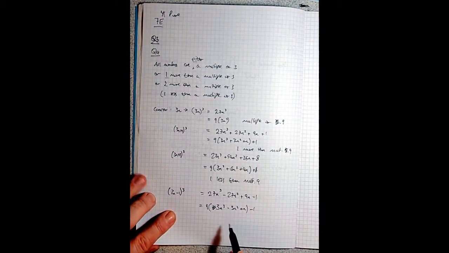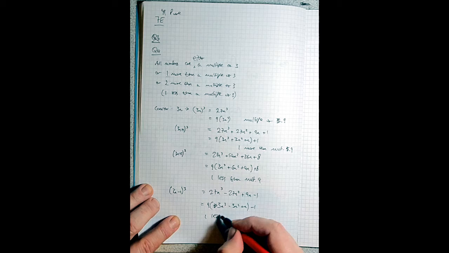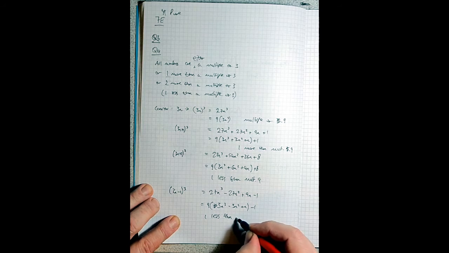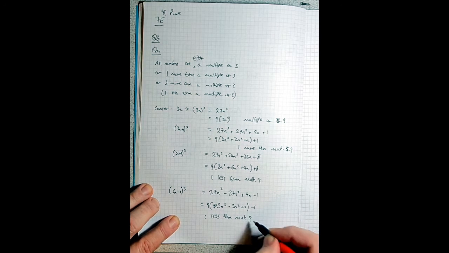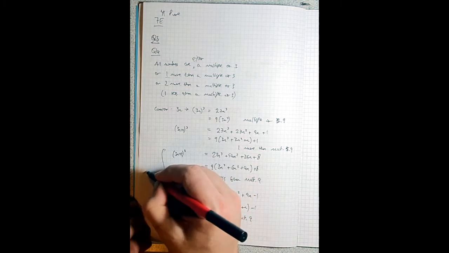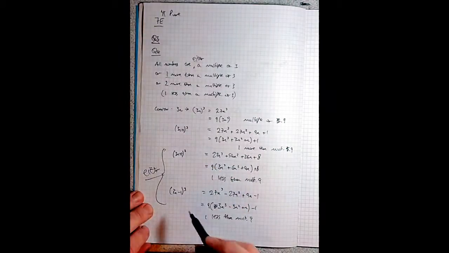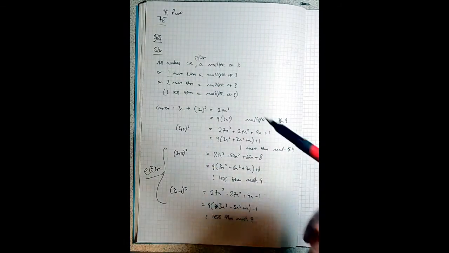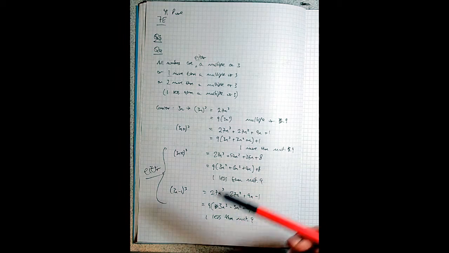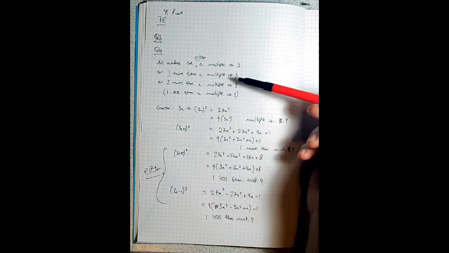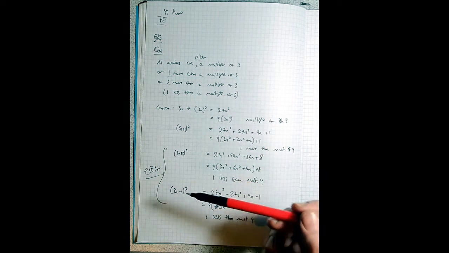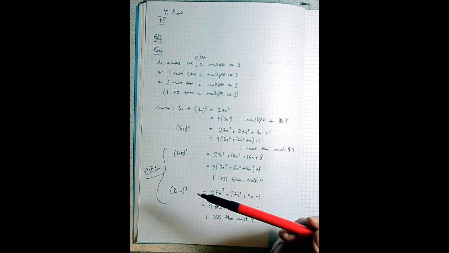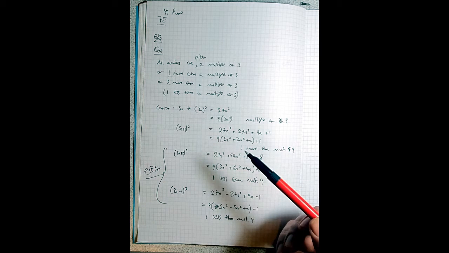I can see that it's 1 less than a multiple of 9, so I don't need both of these. But the question I was asked was, well, how do I know to look at my multiples of 3? And the answer is, because there's 3 things that I need to prove, either multiple of 9 or 1 more or 1 less. So how do I represent all my numbers as one of 3 things?